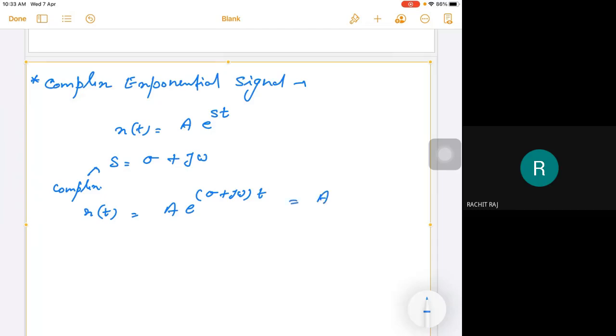And you can find out the real and imaginary parts separately: e to the power sigma t, and e to the power j omega t, which equals cos omega t plus j sin omega t.